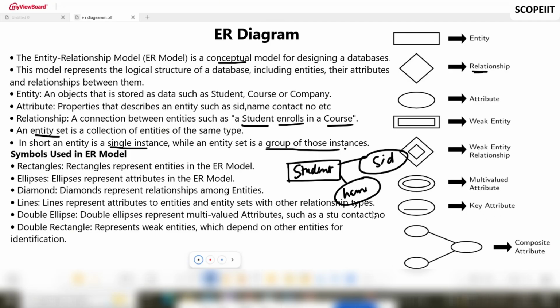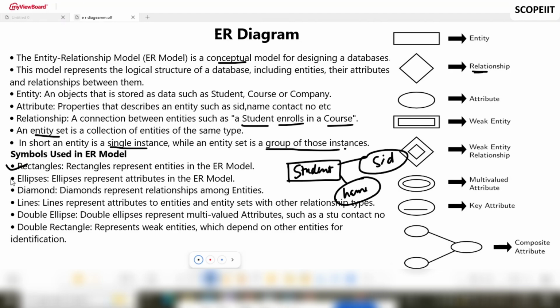Then key attribute. Key attribute means the attribute which is a primary key. And if you merge two attributes together into a single attribute, that is known as a composite attribute. Later I'll explain all the different types of attributes in detail, but here I have given you some introduction.